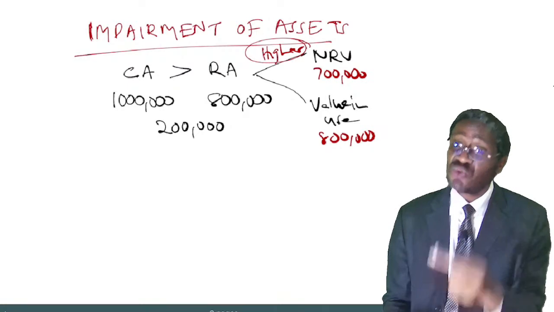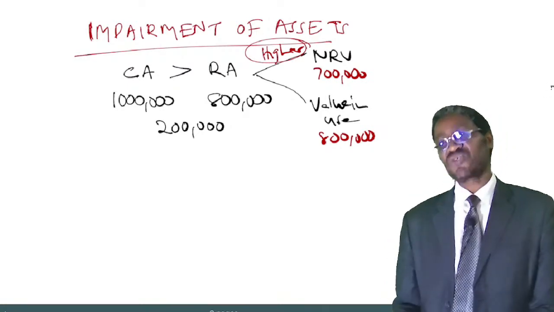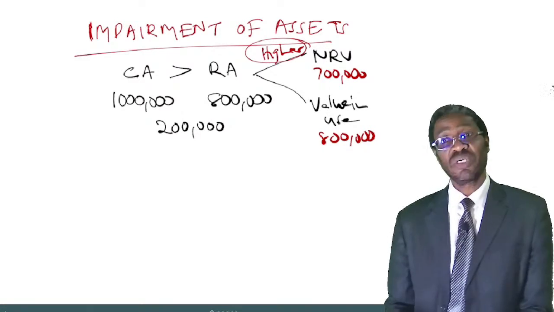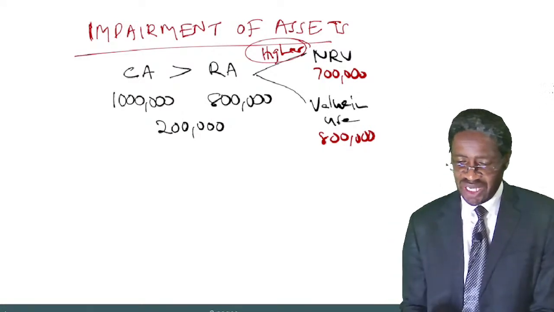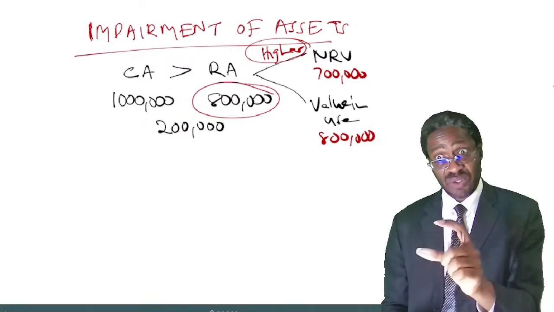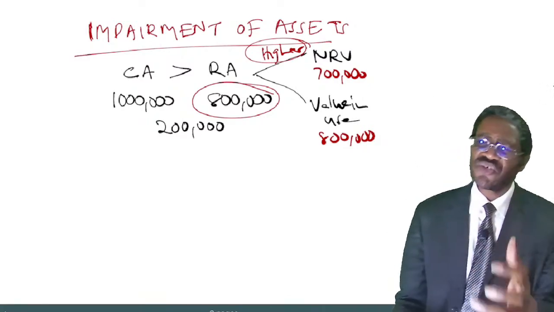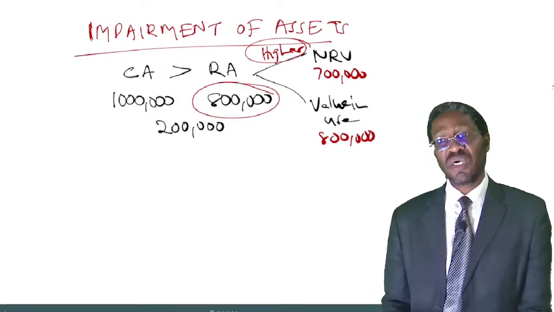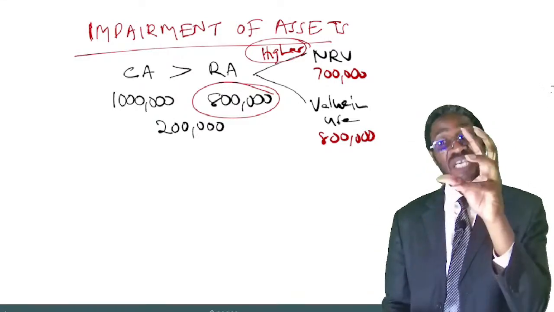Whichever of the two is higher is the recoverable amount, which in our case we are taking to be 800,000.